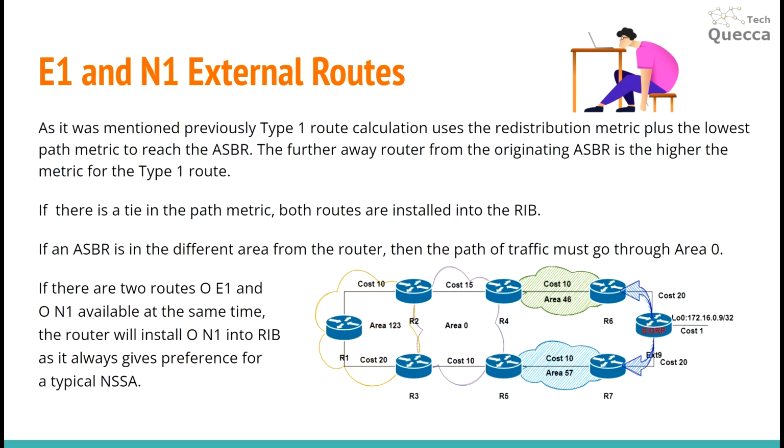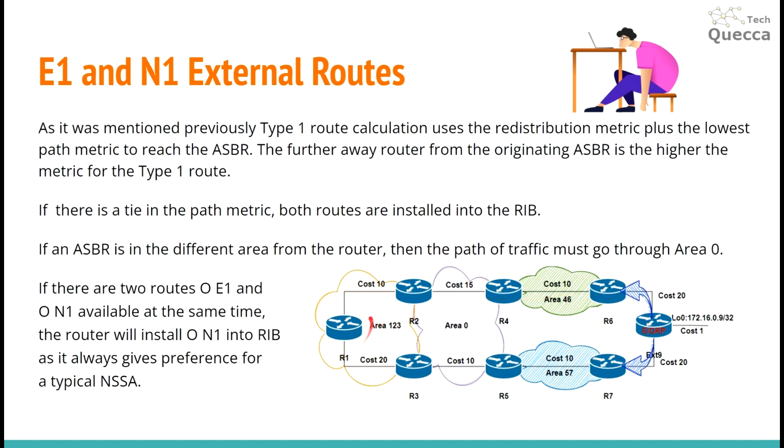External routes type 1. As it was mentioned previously, type 1 route calculation uses the redistribution metric plus the lowest path metric to reach the ASBR. The farther away a router is from the originating ASBR, the higher the metric for the type 1 route. For example, here we have EIGRP external routes which are redistributed into OSPF here and here.